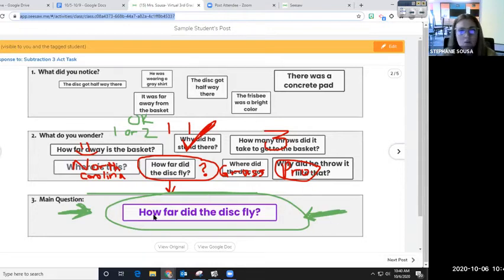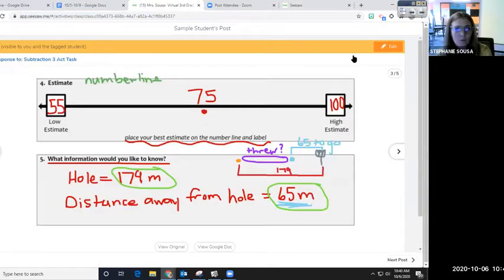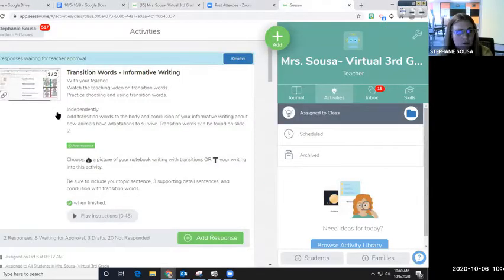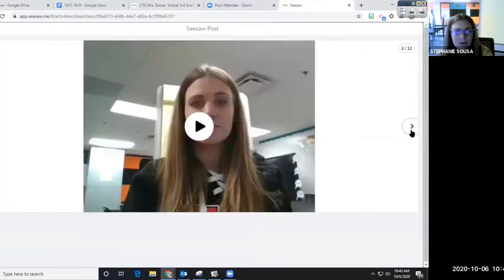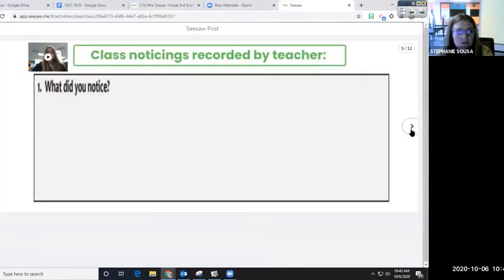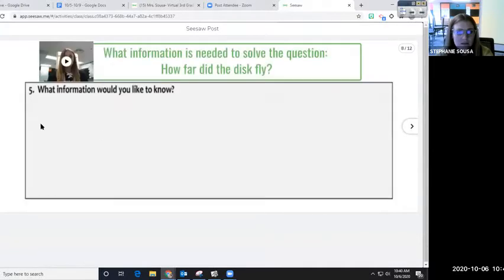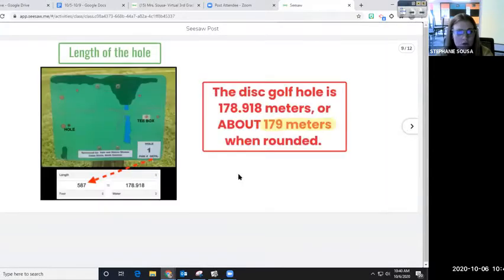The math question that we are solving, the real world math, is how far did the disc fly? That's what we're figuring out. We were able to figure that out by taking a look at our information that was shared with us. So I'm going to pull up that information now. We saw yesterday that the whole course was 179 meters.